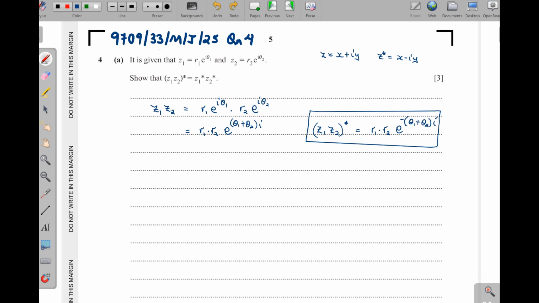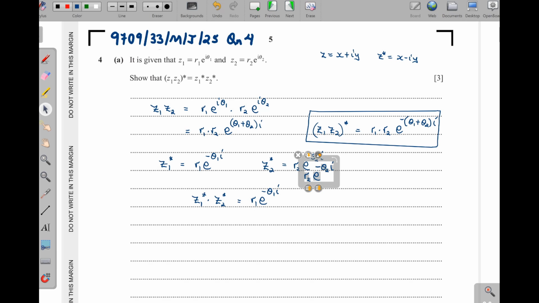Then we also go to this one here. The conjugate of z1 is going to be r1, then e to the power of negative theta 1 i. And then the conjugate of z2 is going to be r2, then e to the power of negative theta 2 i. And then we are supposed to look for the conjugate of z1 times the conjugate of z2. That means we are going to have this one here, then we multiply it with this one here.